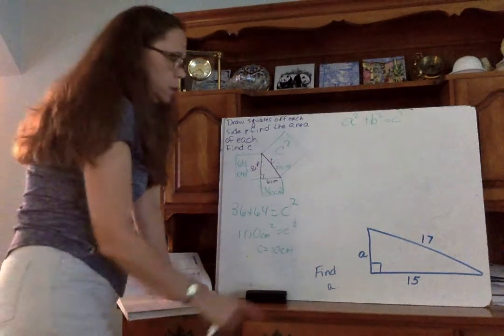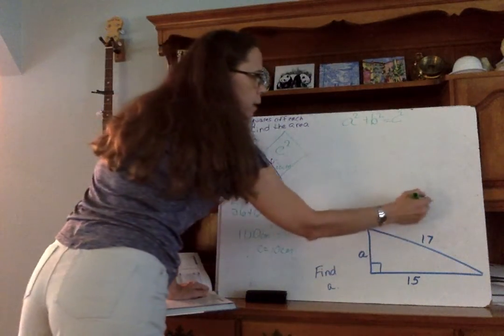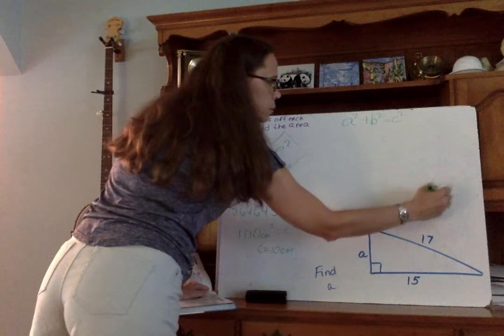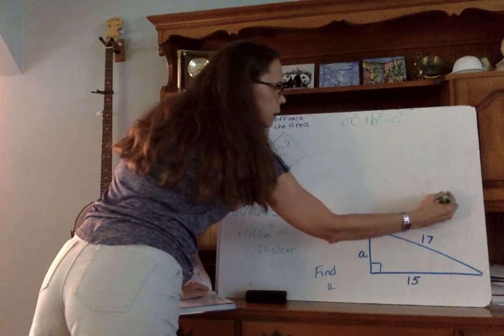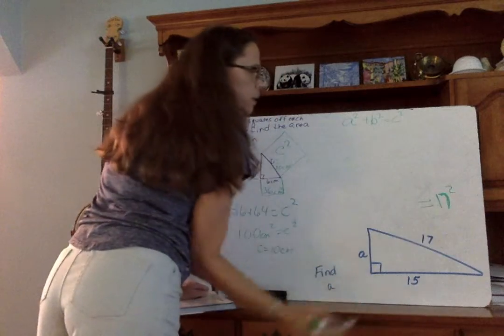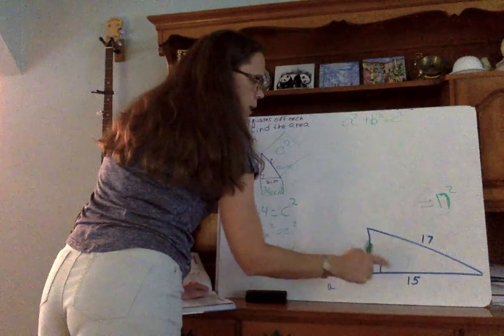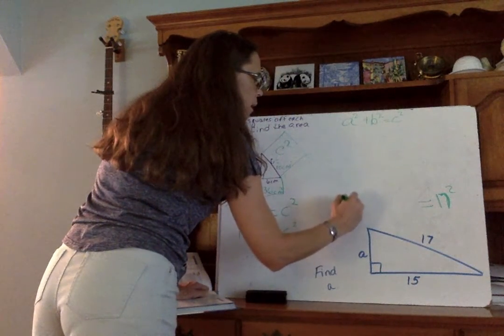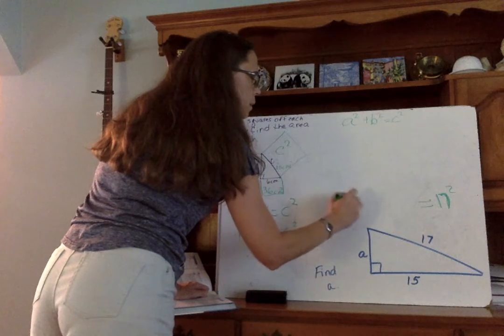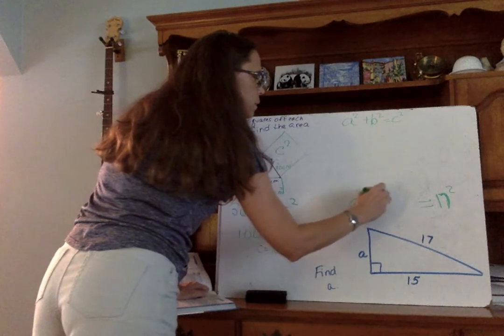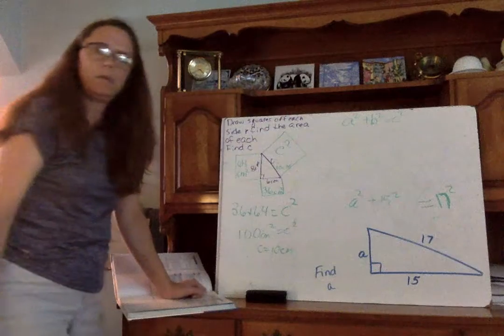Okay, so I know the hypotenuse, so I know my last number part, right? Oops, that's the 7. 17 squared. I don't know this leg, but I know this leg. So I'm going to say A squared plus 15 squared is equal to 17 squared.